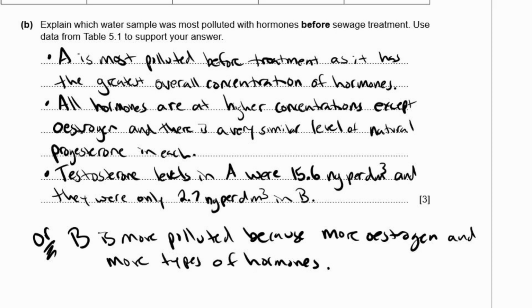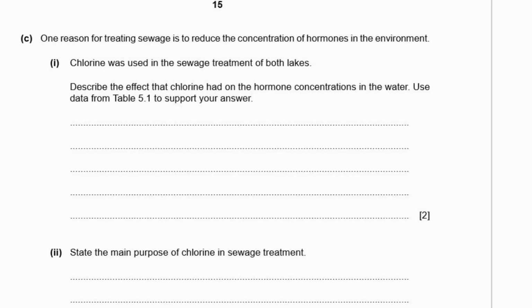So probably that it's not measurable at A, and it's 0.1 nanograms per decimeter cubed at B. You have to put the units in, or else they don't count it as a data quote. Data includes units.